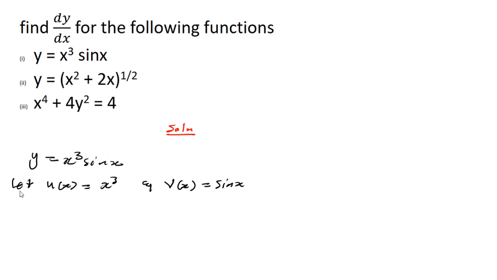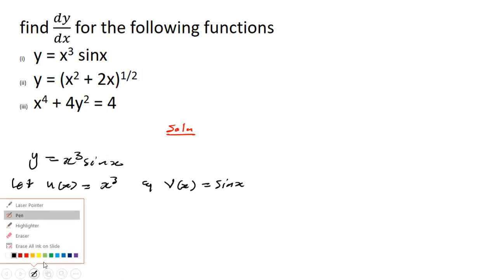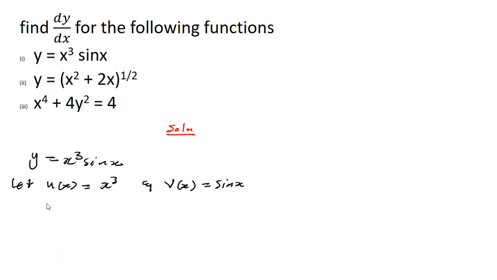So if we say let u of x be equal to x cubed and v of x be equal to sine x, we can easily find du dx. So du dx will just simply be 3x squared.